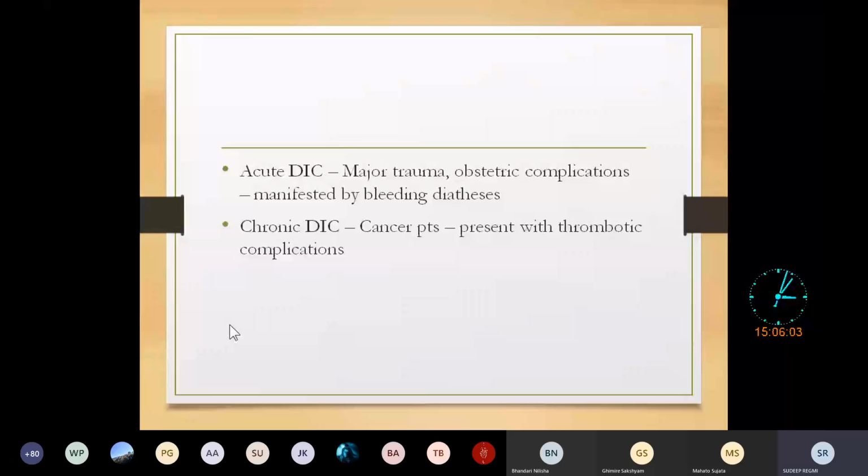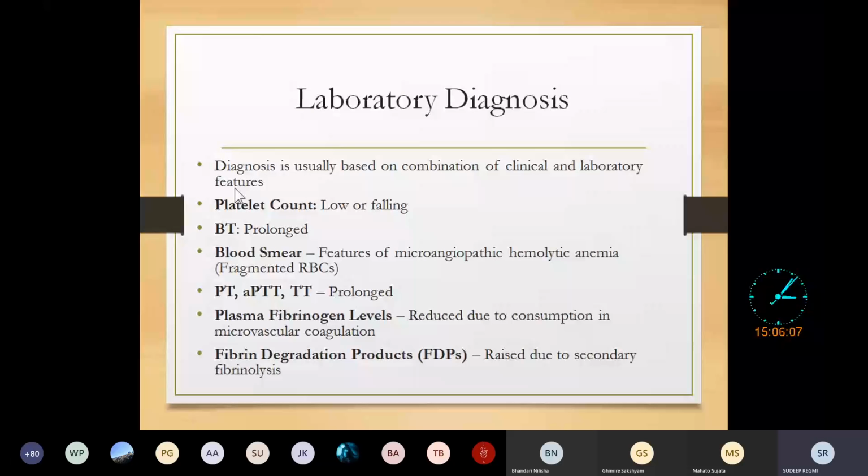For laboratory diagnosis, the diagnosis is usually not relied on the laboratory parameters alone, but on a combination of clinical and laboratory features. We know that there is consumption of the platelets and the coagulation factors, so both the platelets and all the factors of the coagulation cascade are decreased. Bleeding time and clotting time will be prolonged, and PT, APTT, and TT will all be prolonged.